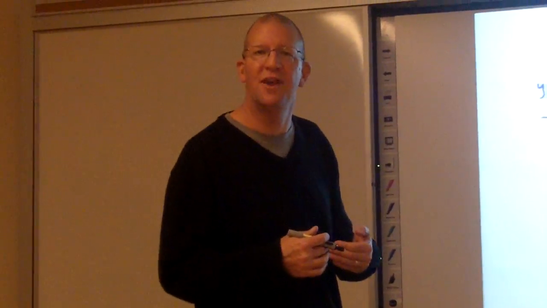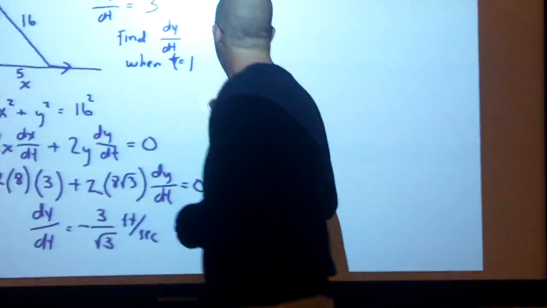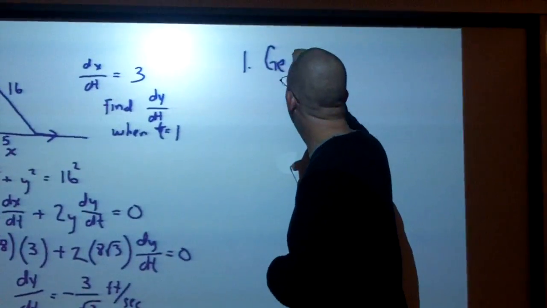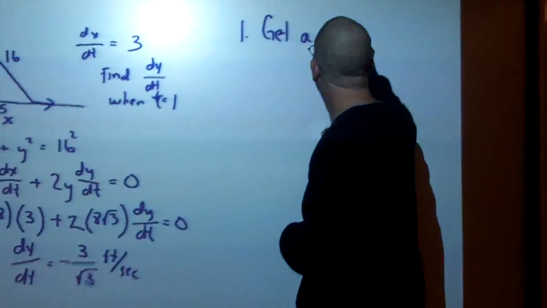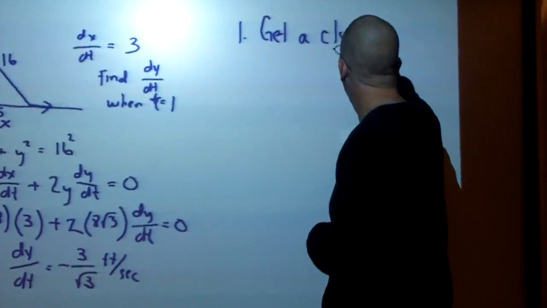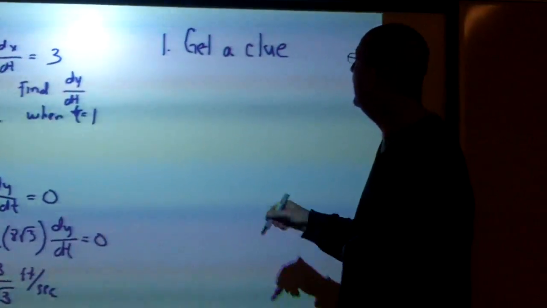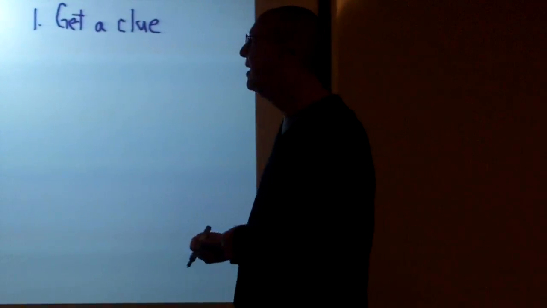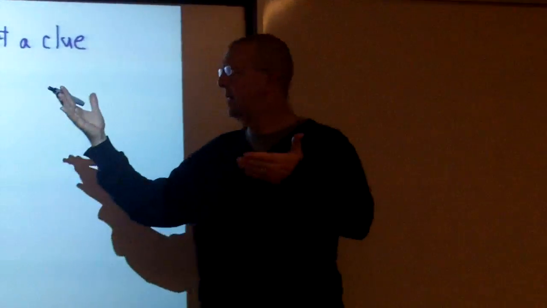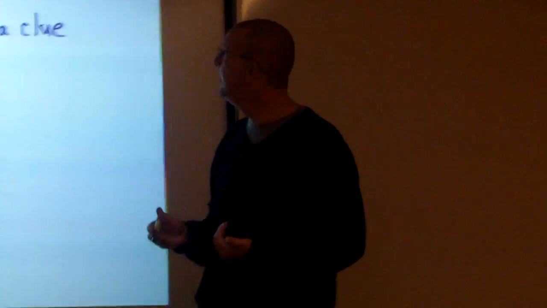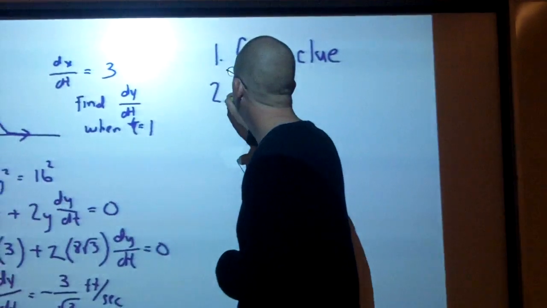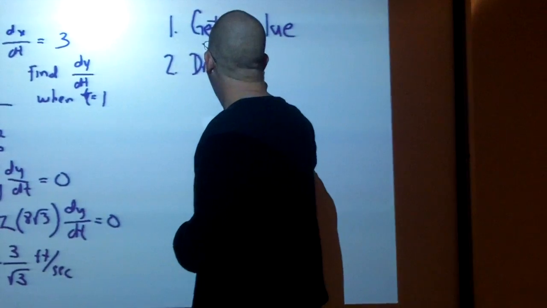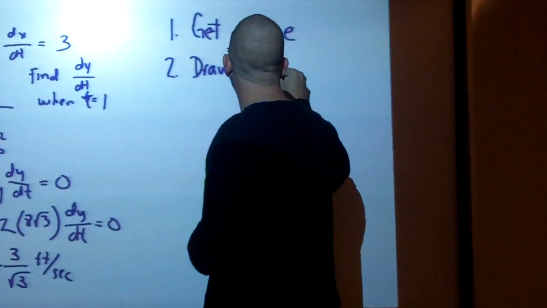Let's take a look at the steps. 1. Understand the problem. Or, as we say in the math office, get a clue. Understand what's going on. Ladder sliding down. 2. Let's draw a picture and label it.